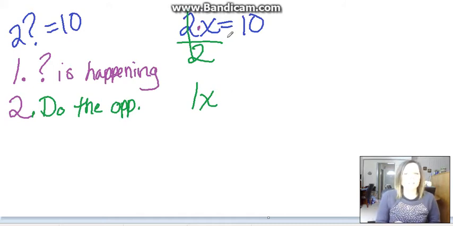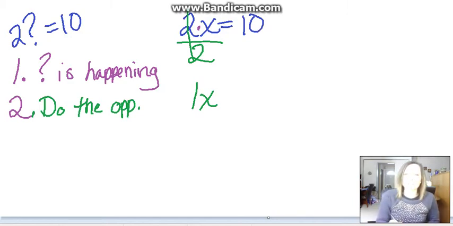So you look at the other side, and whatever you do to one side, you have to do to the other side. Why? Why can't I just be done? Well, an equal sign is like a balance. So if you take something away from one side, you have to take it away from the other. As long as it's balanced, as long as it's equal, you're good. So you can multiply both sides by the same thing, subtract, divide, whatever happens, they need to be equal.